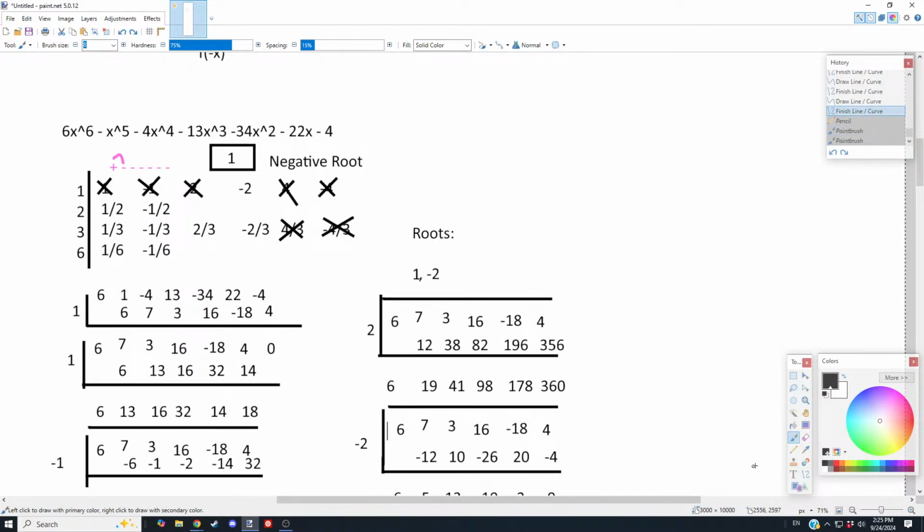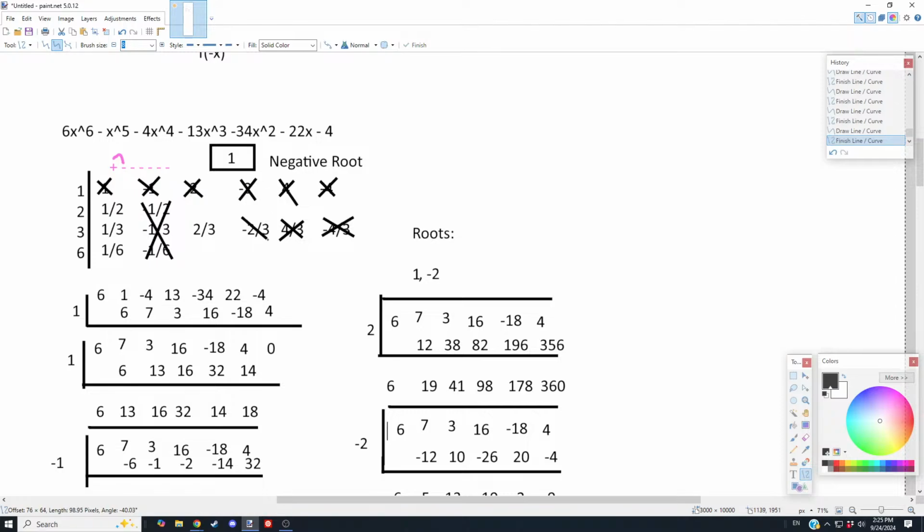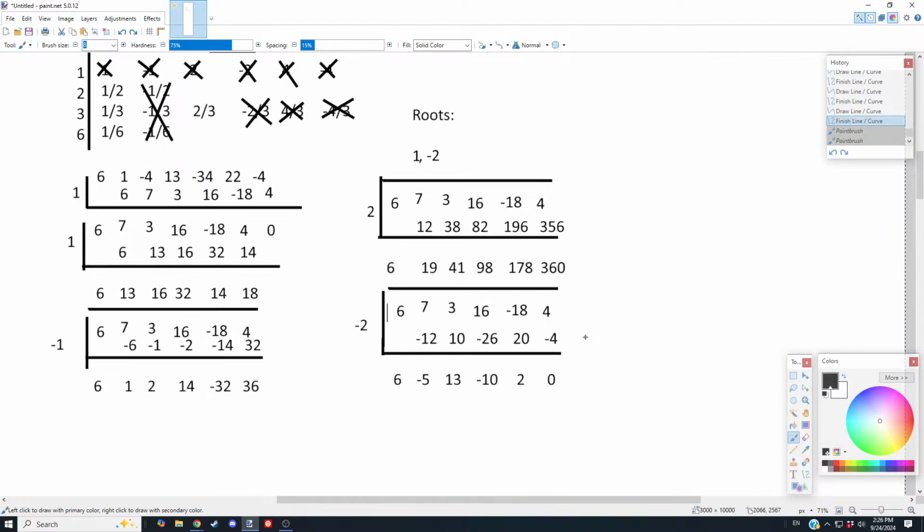So what that means is we can now X out all of the other negatives because there are no more. So we're looking pretty good on our number sieve. We only have 4 more potential roots to look at.